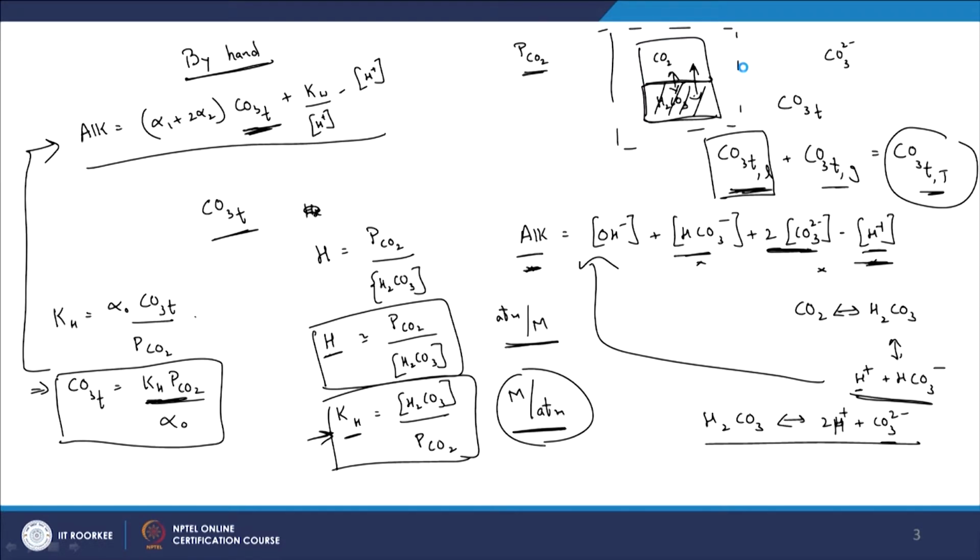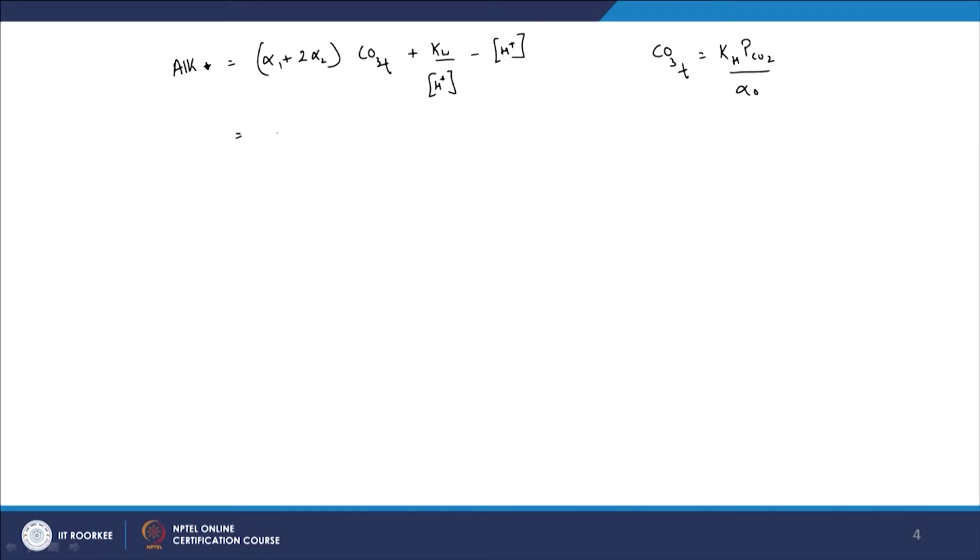Is that right? KH, yes, that is right. So I can plug this into this equation. Now I will have alpha 1 plus 2 alpha 2 into Henry's constant, obviously a constant, partial pressure of CO2 over alpha naught plus Kw over concentration of H plus minus concentration of H plus, right.